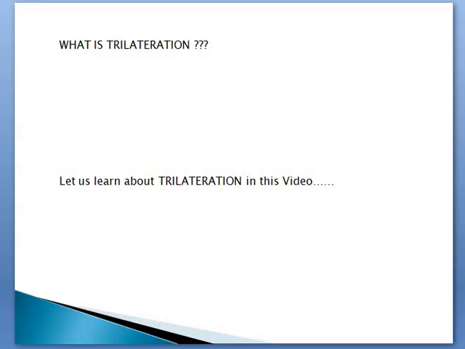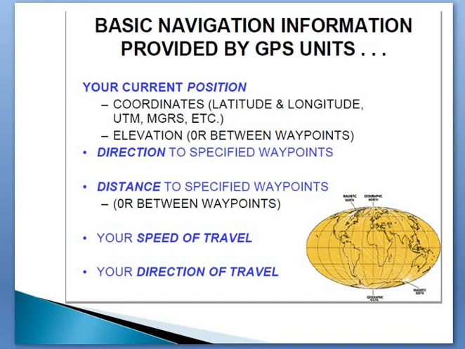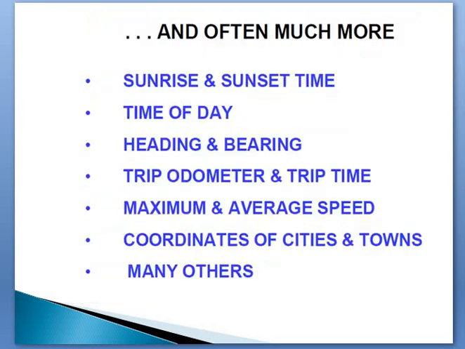Hopefully you have understood trilateration. Now let us see applications of the global navigation satellite system. Basically, a navigation satellite system provides us your current position, direction of the waypoint, distance to specified waypoints, speed, travel direction.